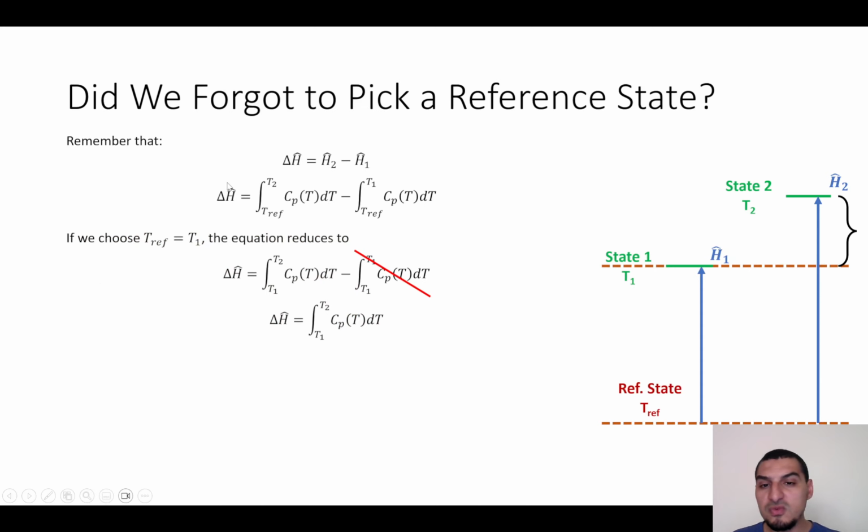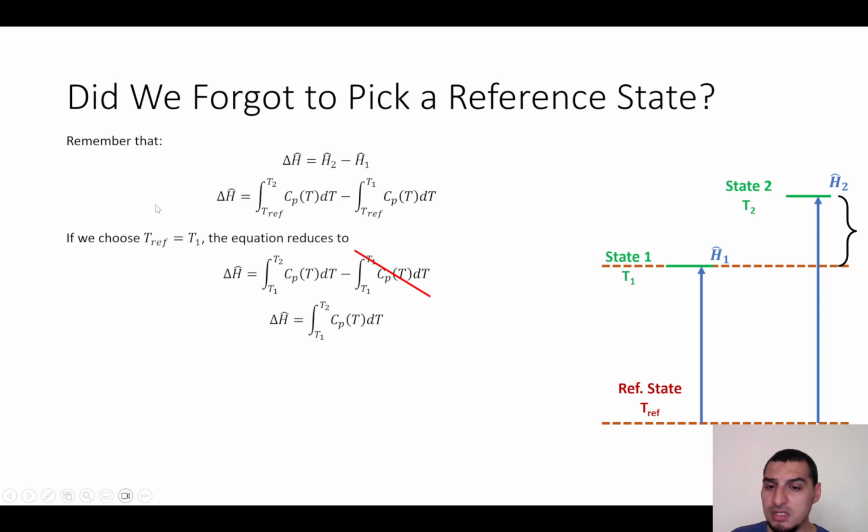But what you will be doing is the calculations for the integration and substitution twice, which would be very time-consuming. We saw how long this process is and how much time it takes to do the integration, substitution, and calculation. So if you take another reference state, you are doubling the time that you are using to calculate delta H, and you're going to have the same output at the end. So there is no point in doing this.